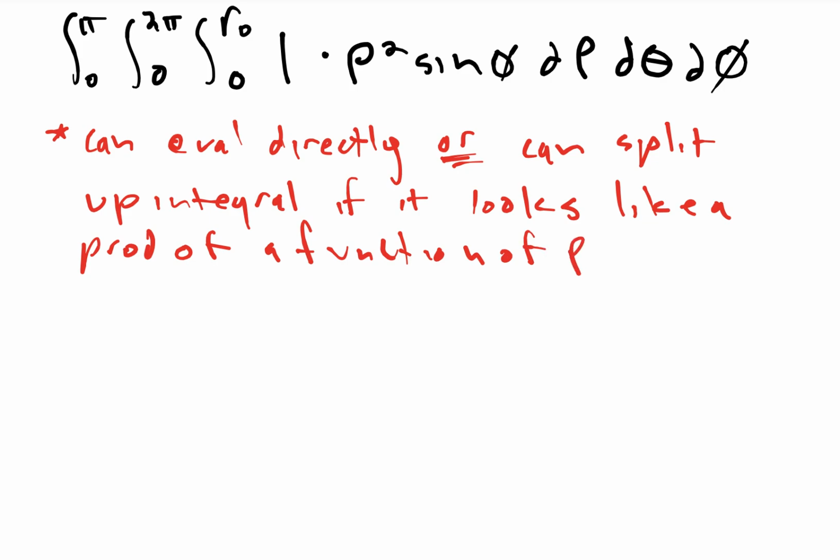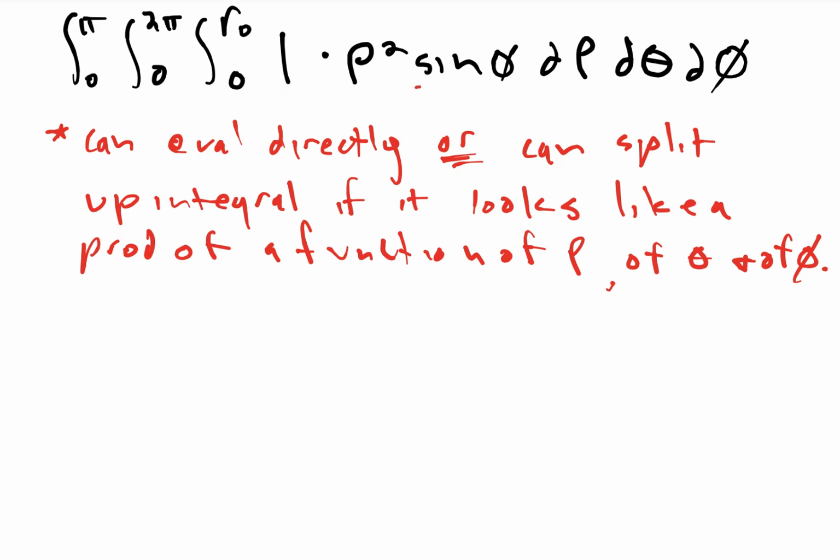We did a very similar trick to this in the double integral section. You can do a similar trick in the triple integral section. It still holds. As an example, the first thing that I would do if I was evaluating this inner integral directly is integrate with respect to rho.